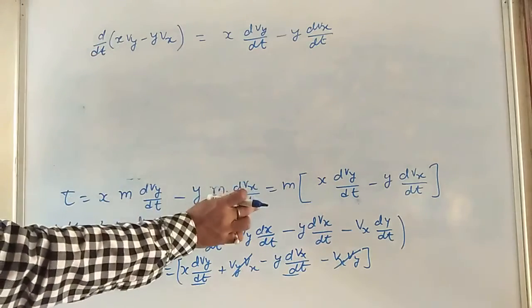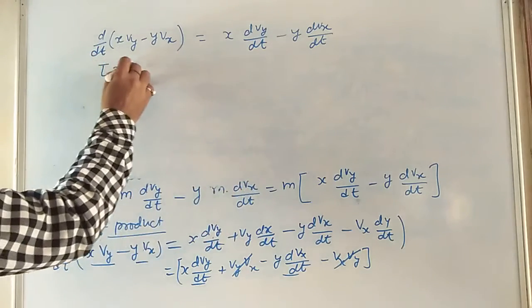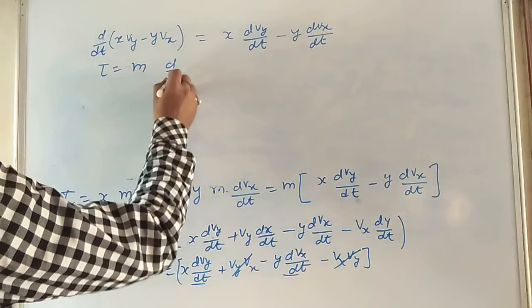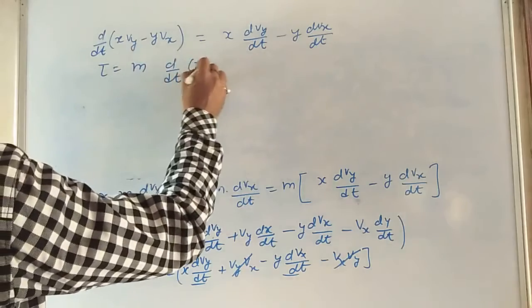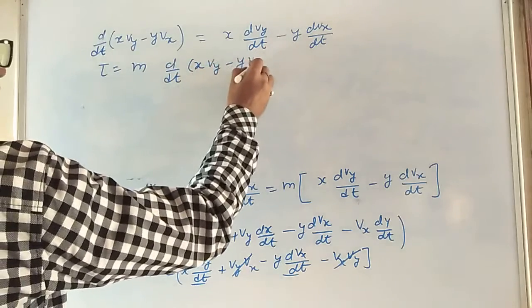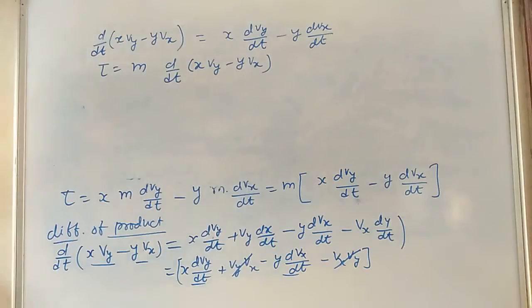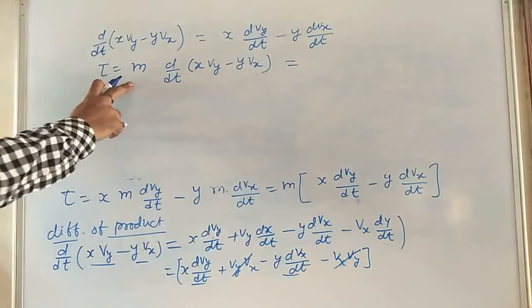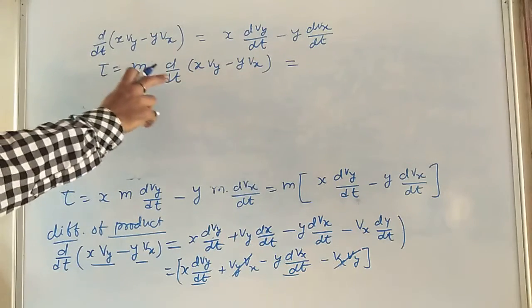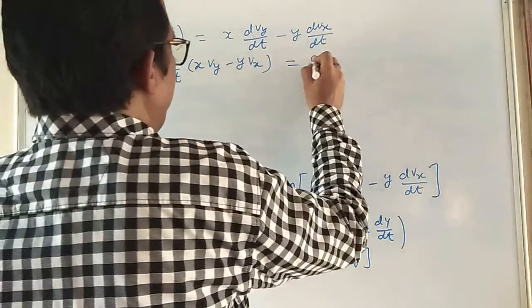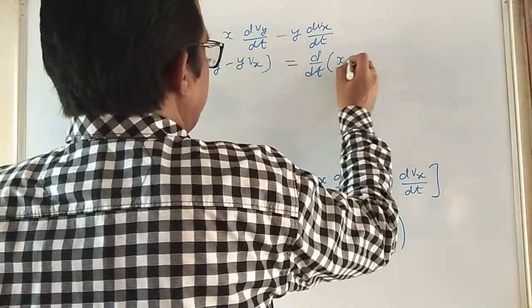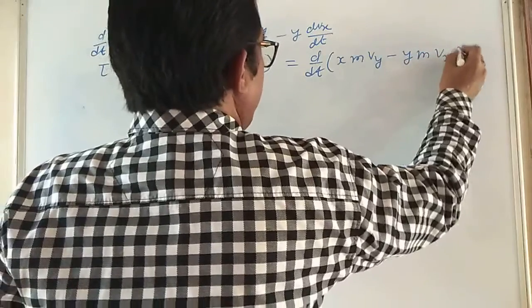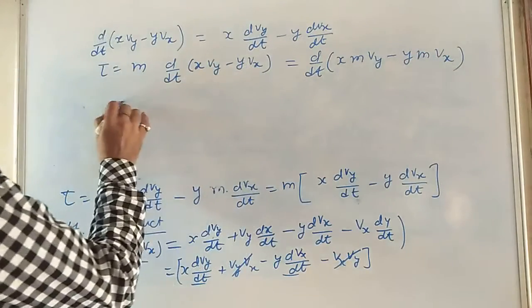Substituting this value here, torque comes out to be m d by dt of x vy minus y vx. Put m inside. This m that is shown here, x m vy, d by dt of x m vy minus y m vx. I have taken this m inside.